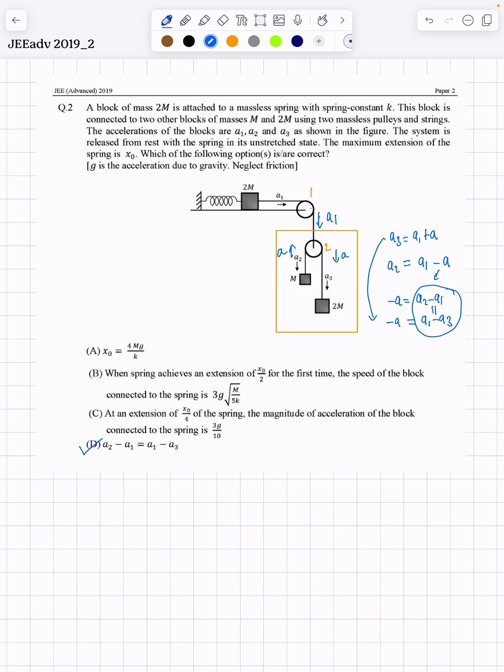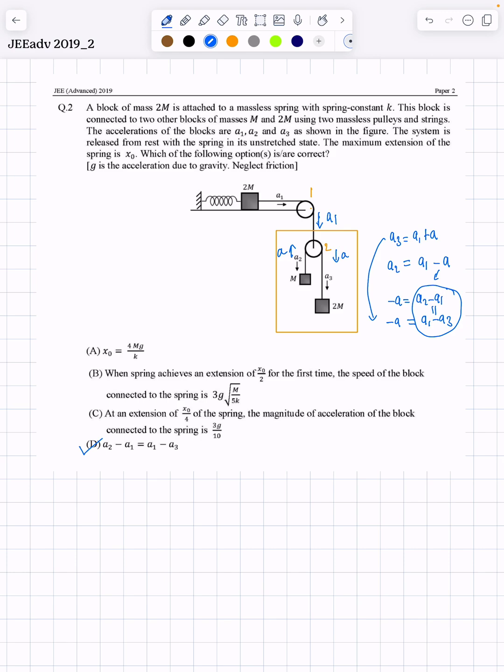Okay, so we'll solve the rest of this problem. As we discussed, it's a simple harmonic motion, and one option is to do this problem from first principles, but that may take more time.